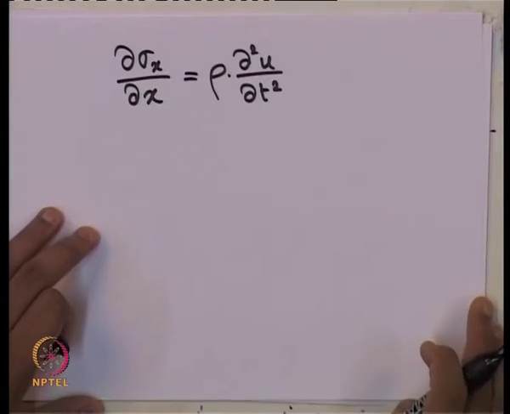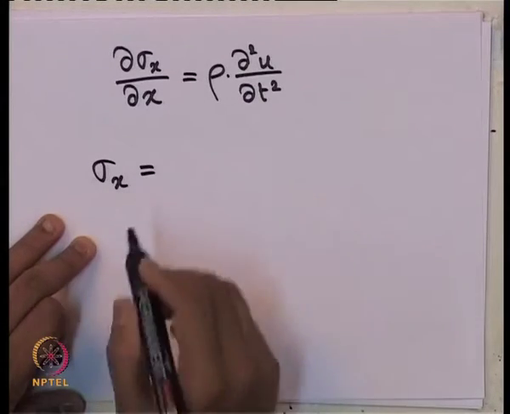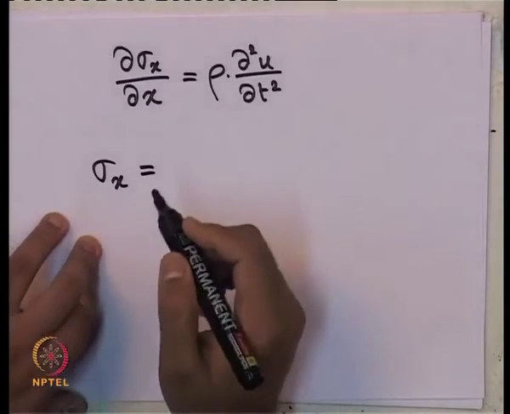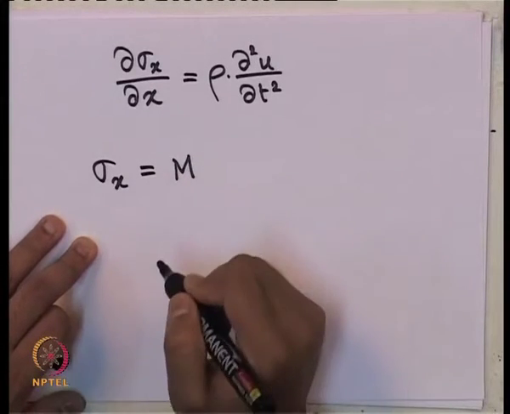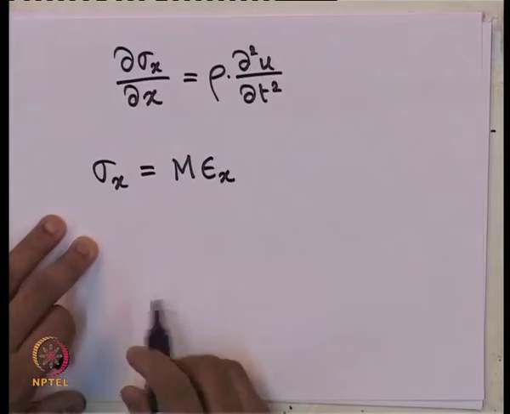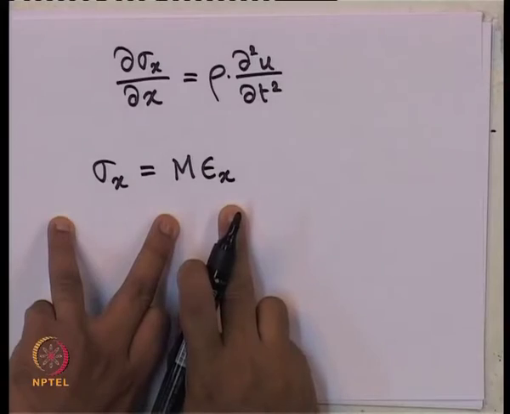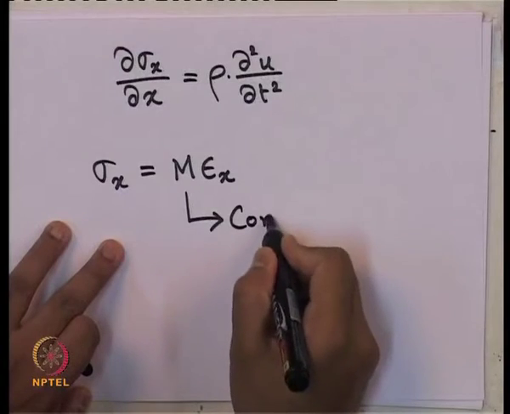Now, what is sigma x? Sigma x we can rewrite it as, say, some modulus times the strain. Stress equals to some modulus times strain, and this modulus m for this kind of infinite rod is called constraint modulus.